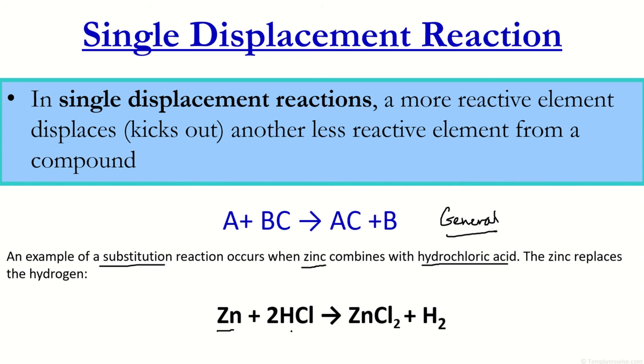What happens here is the metal displaces the hydrogen. The hydrogen will form hydrogen gas, and the metal will form a bond with the chlorine. Okay, so that's an example. An acid plus metal reaction.